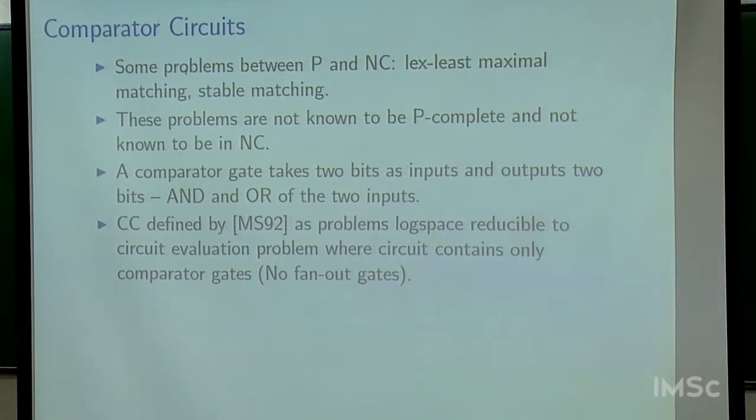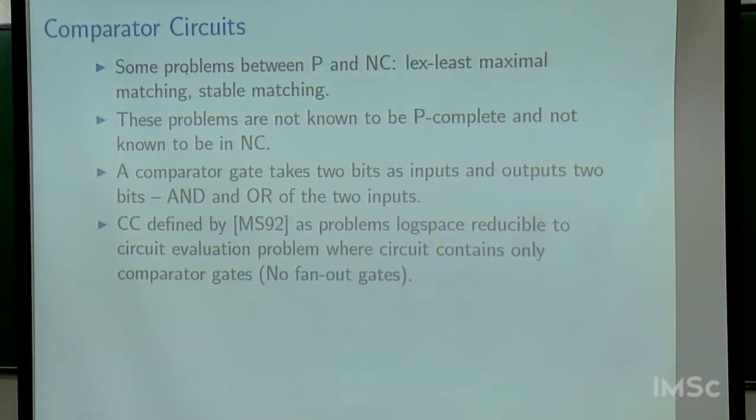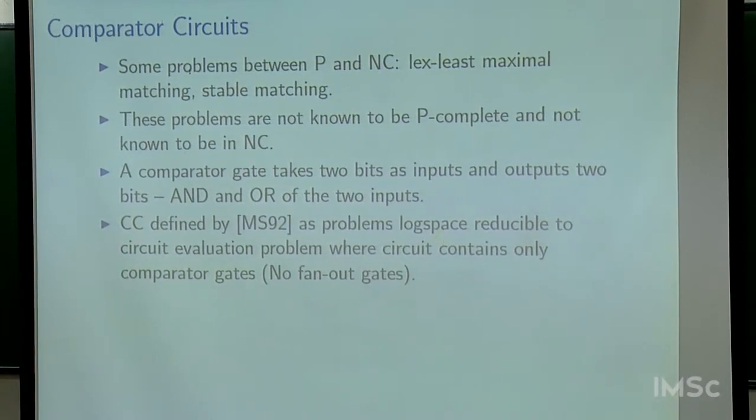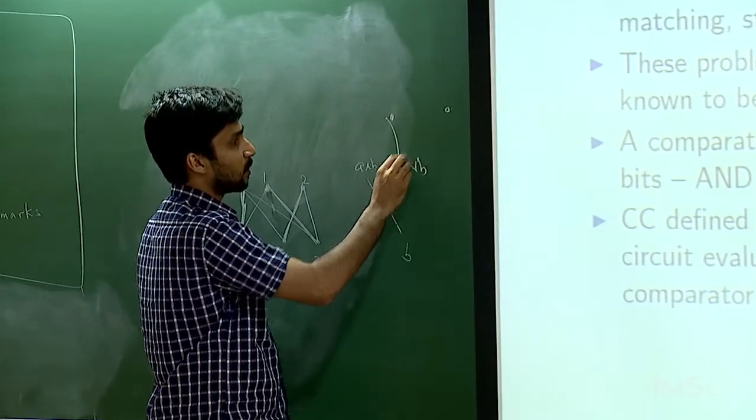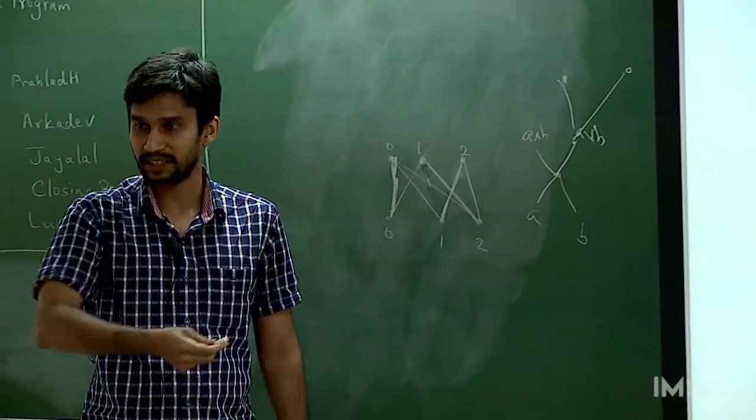I would like to stress that fan out gates are not allowed. What does it mean, fan out? It means that you cannot have two comparator gates like this and feed this output to two different gates.